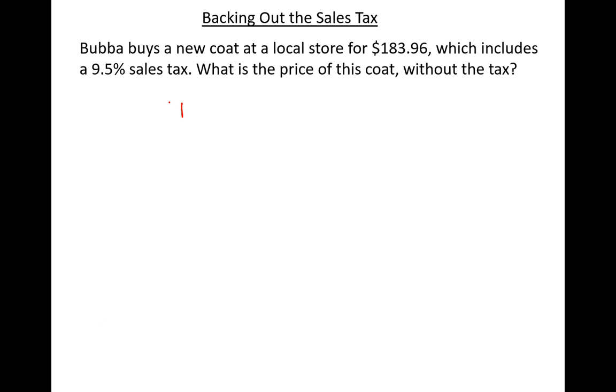Okay, I don't know why it's doing that, but he's going to pay the price, plus he's going to pay 0.095 times the price. That's the sales tax. So he basically pays 1.095 times the price.